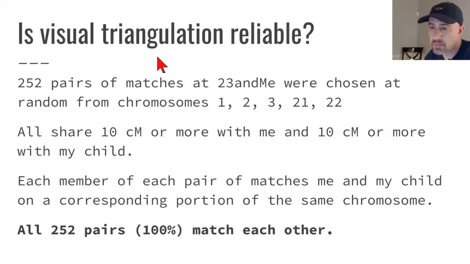So rather than asking you to just take my word for it, I spent a few hours looking at some pairs of matches at 23andMe, a little over 250 pairs of matches, and I chose those pairs of matches at random from several chromosomes. I found matches that share at least 10 centimorgans with me and 10 centimorgans with my child, and I found that all 252 pairs of these matches ended up matching each other as expected, as predicted by visual triangulation.